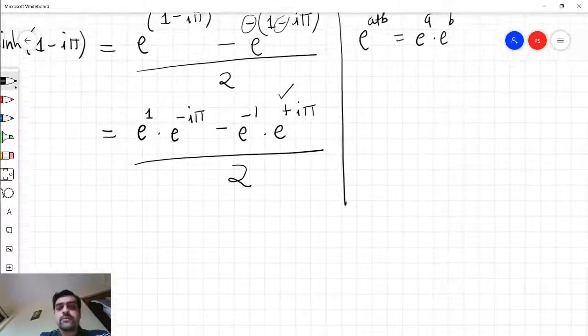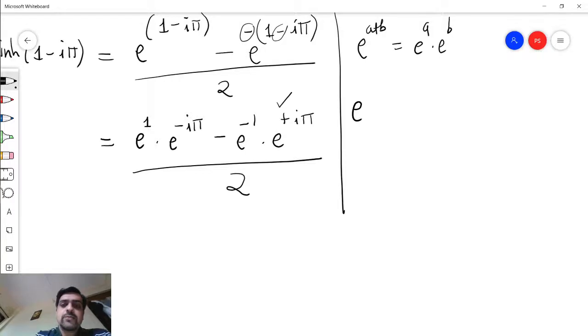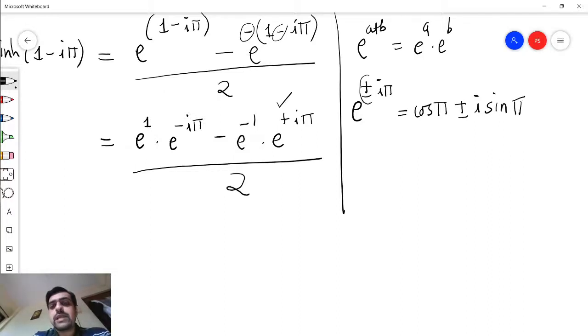Now this e raised to plus or minus i pi just gives us cos pi plus or minus i sine pi. Why am I including both the signs, plus and minus? Because at one place we have a minus i pi and at the other place we have a plus i pi. Now note that cos pi is just minus 1 and sine pi is 0.